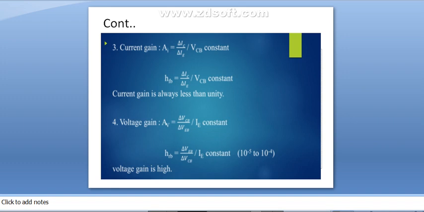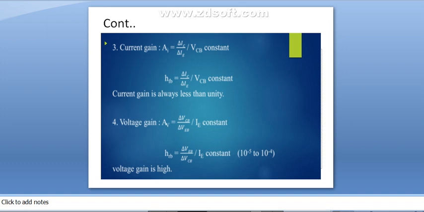So HFB equals delta IC by delta IE. F represents forward current gain, and B represents CB configuration. So the current gain is HFB equal to delta IC by delta IE when VCB is constant. Here the current gain is always less than unity.